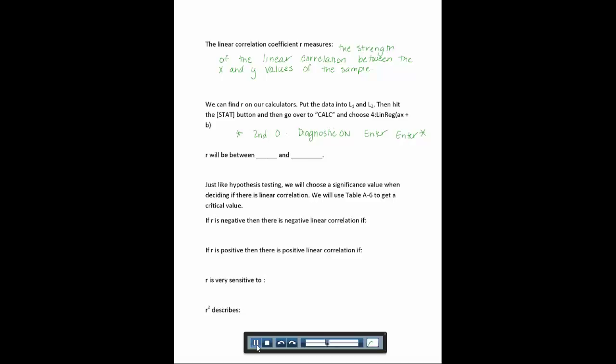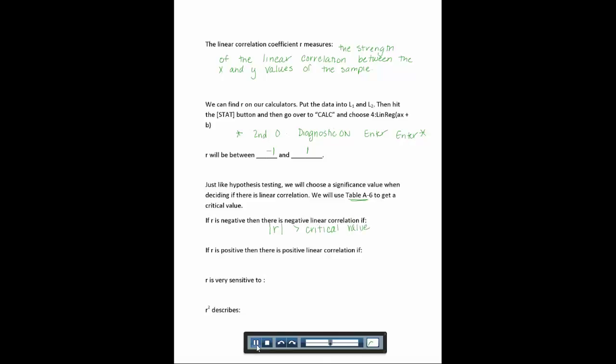R will always be between -1 and 1. Just like hypothesis testing, we choose a significance value, and then to determine if there's correlation, we'll use Table A6, which is in your formula sheet or from your book. If R is negative, so between 0 and -1, there is negative correlation if we look at the absolute value of R and that's bigger than the critical value from the chart.